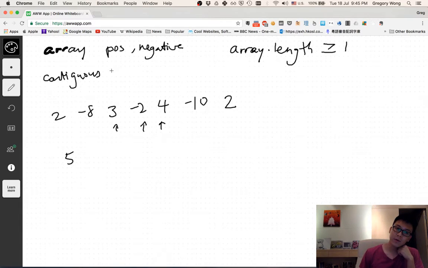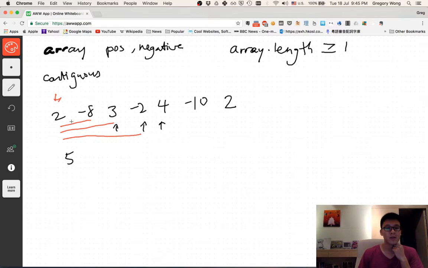Right. Okay. So a brute force way to do this would be to start at the first element, and then step through by summing these numbers, and summing these numbers, and summing these numbers.